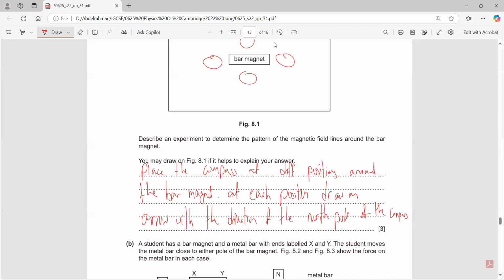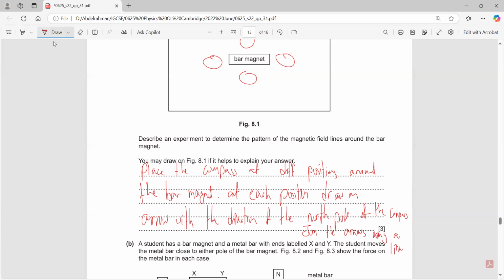And then you can just join the arrows using a line.